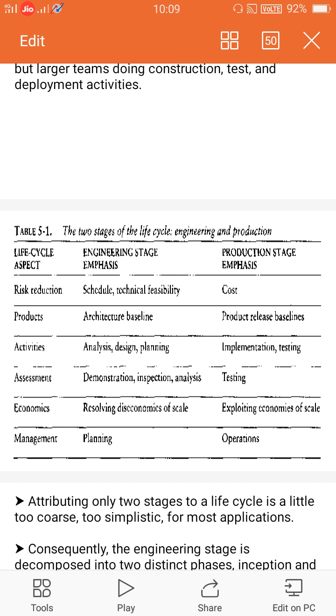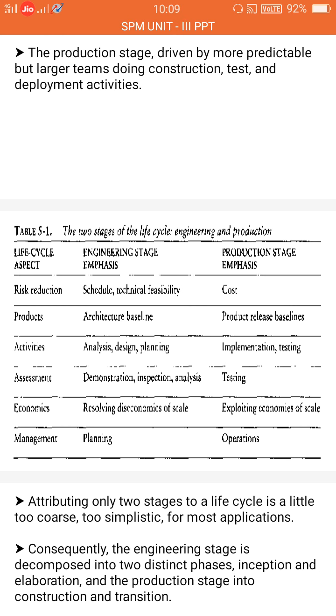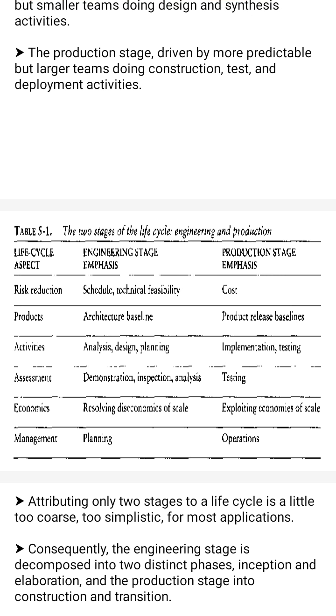Another aspect is assessment. In the engineering stage the assessments are demonstration, inspection and analysis, and in the production stage the assessment is testing. Another aspect is economics: in the engineering stage, diseconomy of scale, and in the production stage, exploring economies of scale.